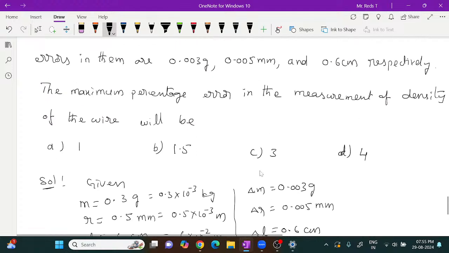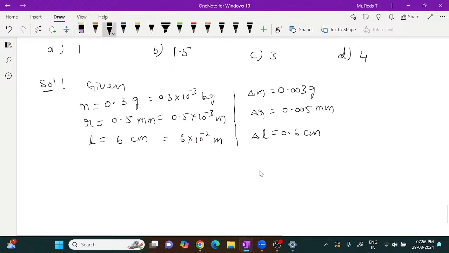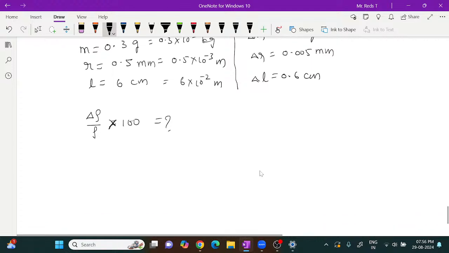Now the question is the maximum percentage error in measurement of density. Density is denoted by the symbol rho. Delta rho by rho into 100 is the percentage error; delta rho by rho is the fractional or relative error. So here you have to write the formula for density.